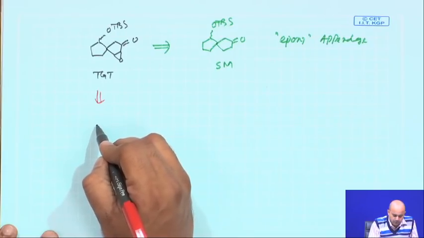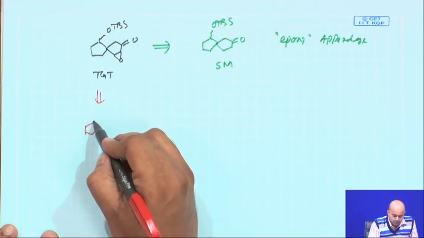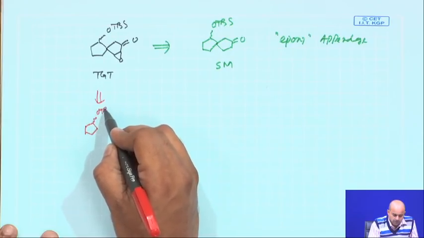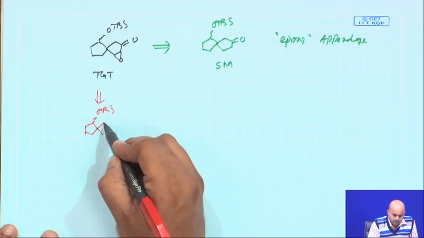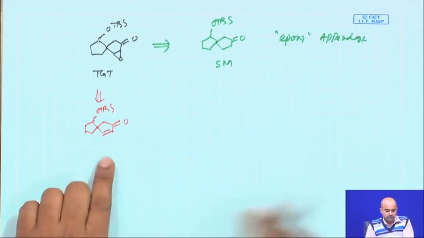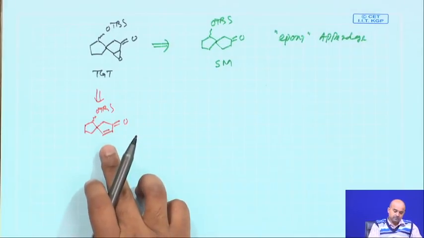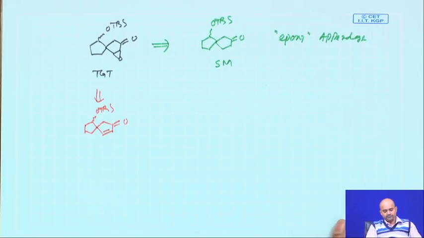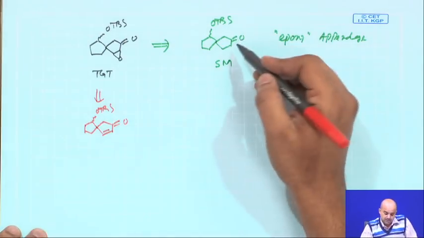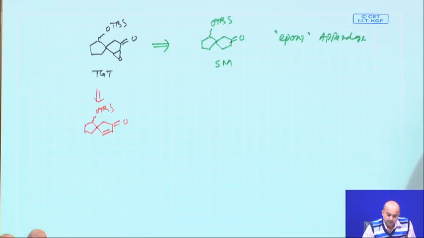So, if you now try to do the retro, this part will be your OTBS. So, basically if you have this compound, you can easily create the epoxide. Actually, starting from this compound to create this compound seems to be a little bit problematic.